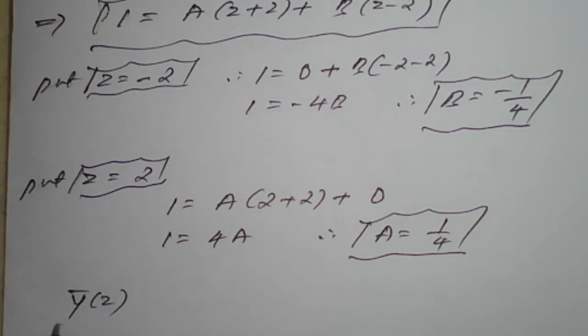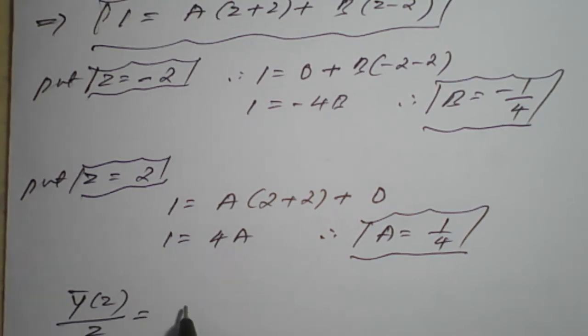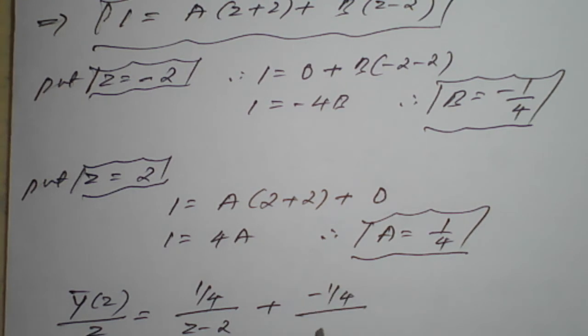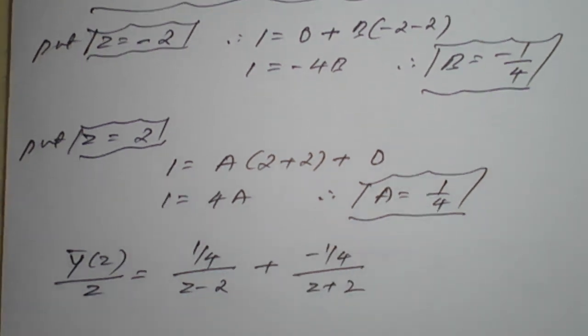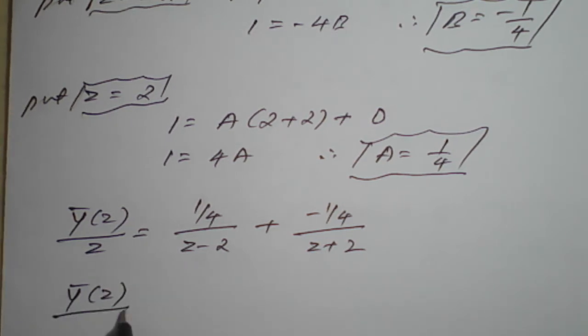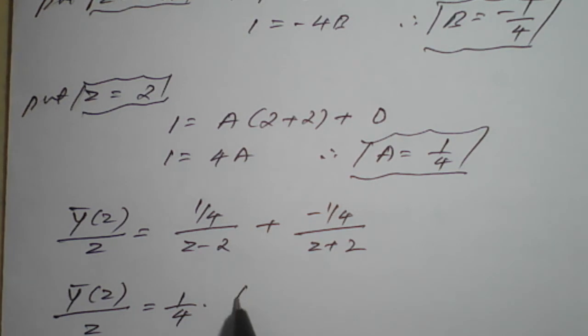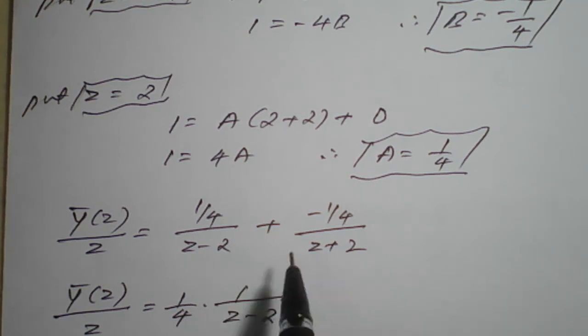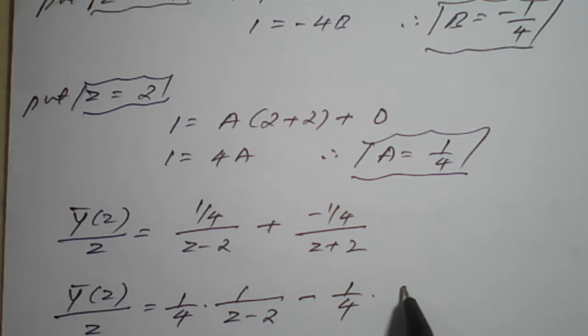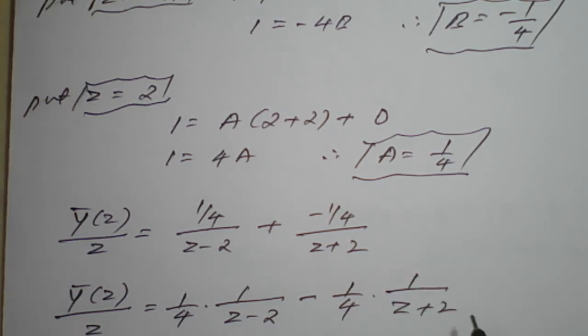y dash of z divided by z is equal to a divided by z minus 2, that is the a value is 1 by 4, plus the b value, minus 1 by 4, divided by z plus 2. Which is nothing but y dash of z divided by z is equal to 1 by 4 times 1 divided by z minus 2 plus minus 1 by 4 into 1 divided by z plus 2.